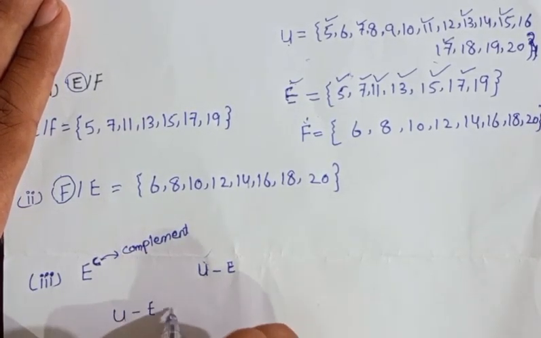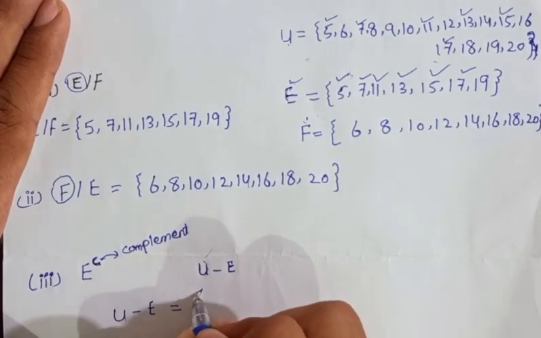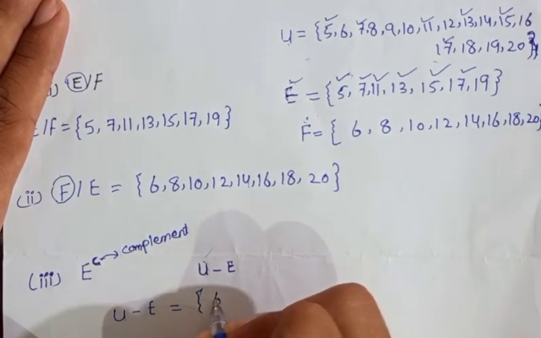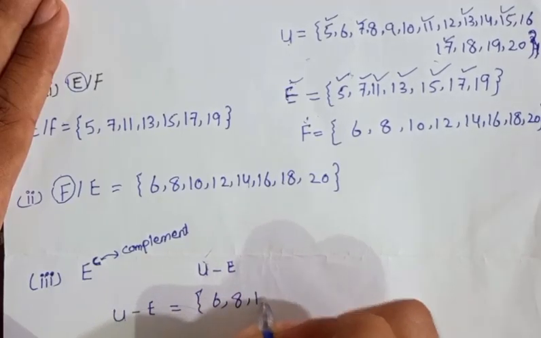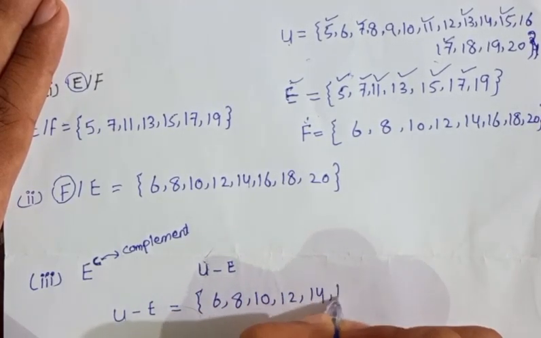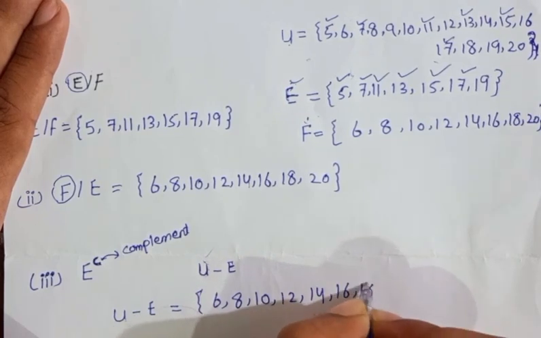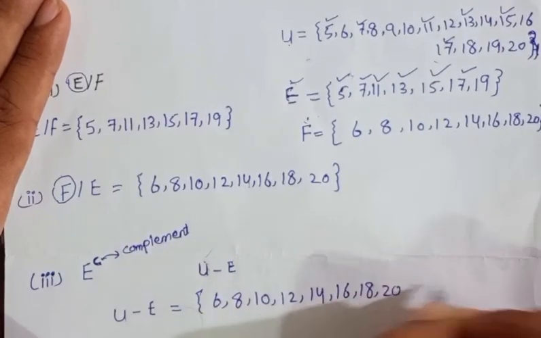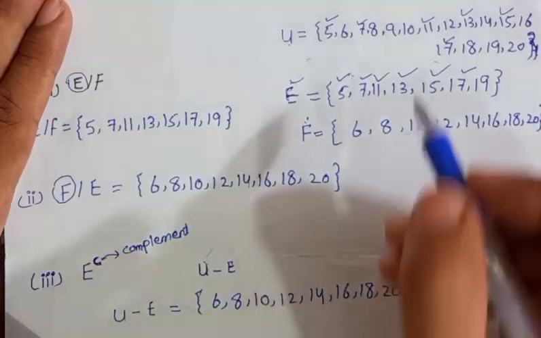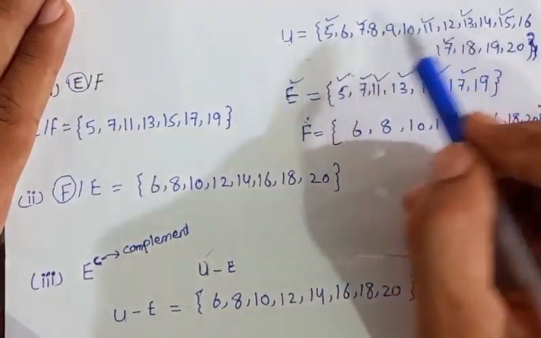U minus E is equal to 6, 8, 10, 12, 14, 16, 18 and 20. These are the numbers remaining, because I ignored the commons.